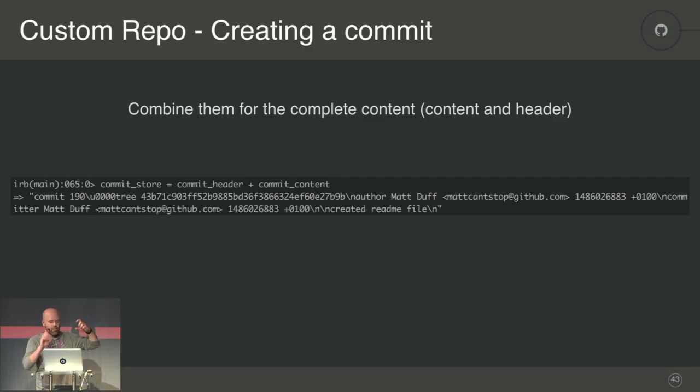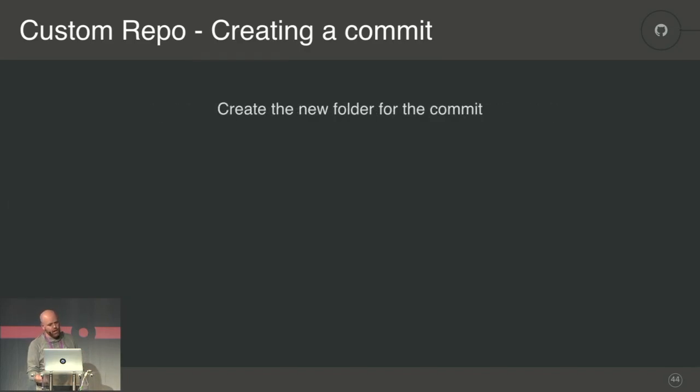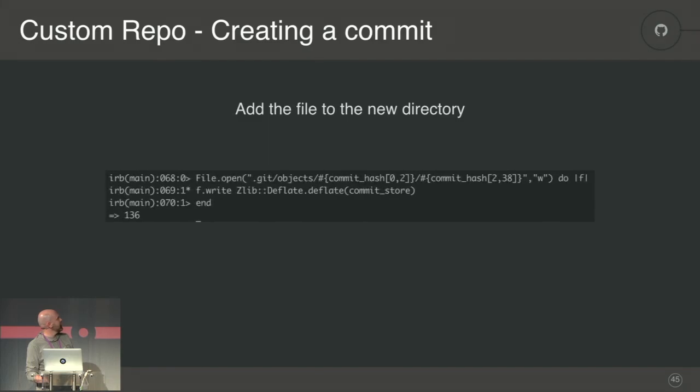So that's what the SHA-1 is going to be created from. And we create the new folder for the commit. So we dive in, and we make the directory. We do the first 2 characters for the folder, and we add the file to the new directory, like before.